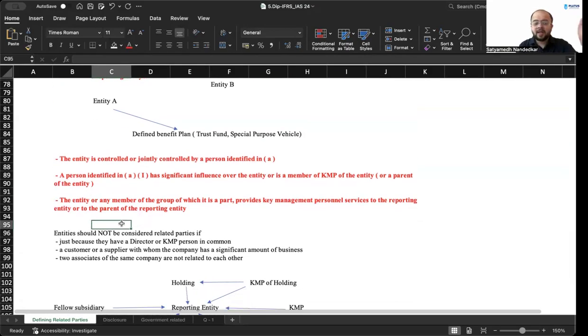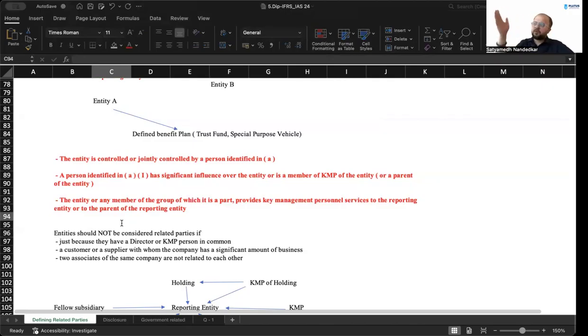An entity or any member of the group of which it is a part provides key management personnel services to the reporting entity or to the parent of the reporting entity. So if I am the managing director of the subsidiary, then I'm related to the subsidiary, but I'm also related to the holding company. When we do group accounting, that is, when we get into consolidation, we'll understand the significance of this even further.